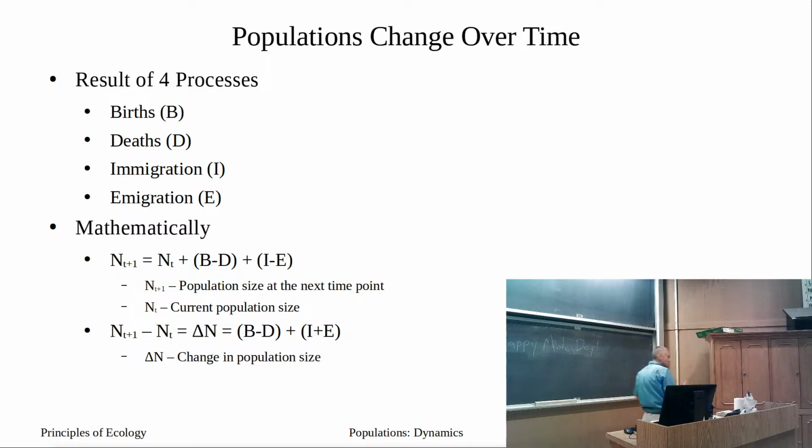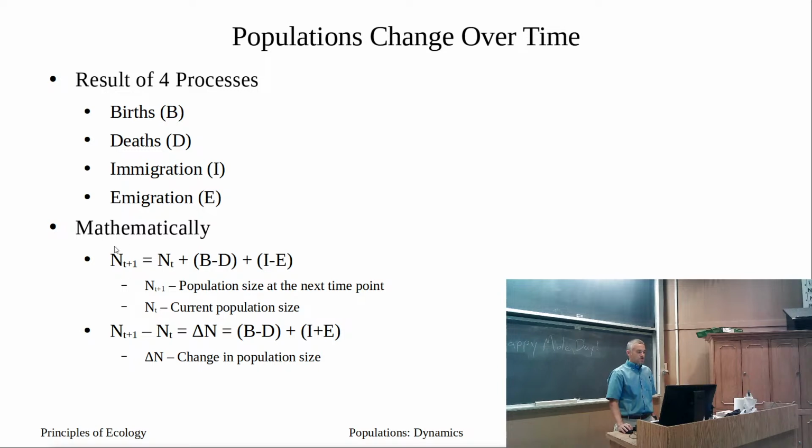So over a specific time period, we know what population we start with. We have to look at how many births we have, how many deaths we have, and how many immigrants and emigrants we have. And then once we know the numbers, we can determine if our population is growing or declining. We can represent the change in our population mathematically, and I do so here.